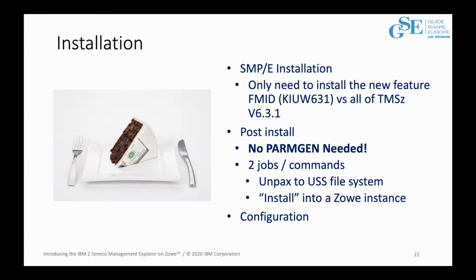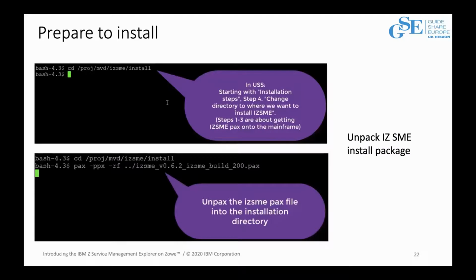As you know, to configure the monitoring agents, you require PARMGEN. For now, there's another session later in the week where we'll talk about a different type of PARMGEN, or a replacement for PARMGEN, but that's on Thursday. You unpack the files that come with the FMID, and then you install it into the Zowe instance. Then there's some post-configuration as well. So those are the steps.